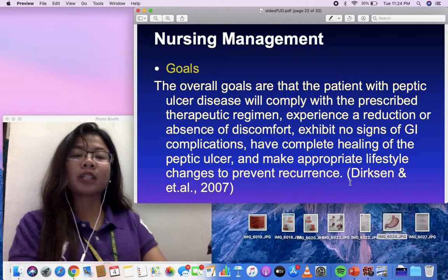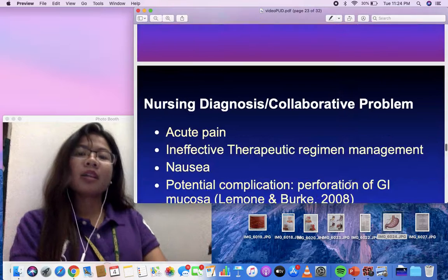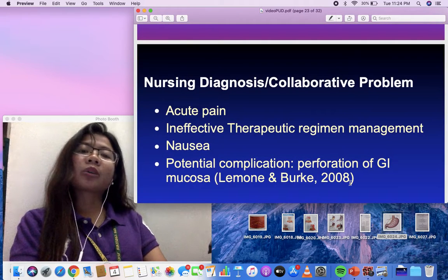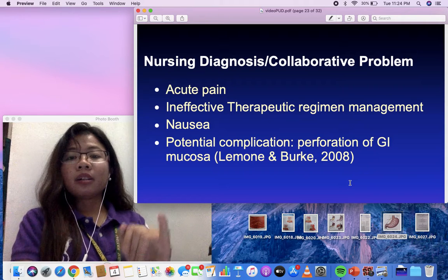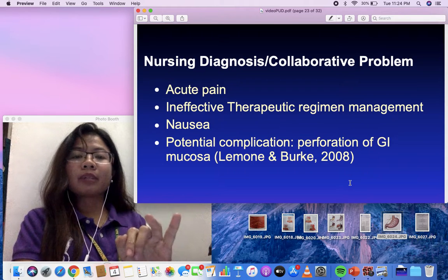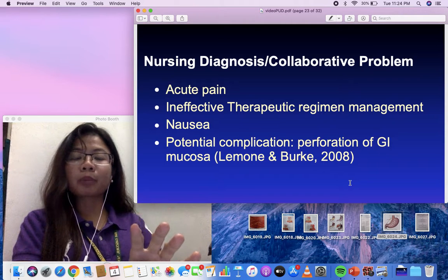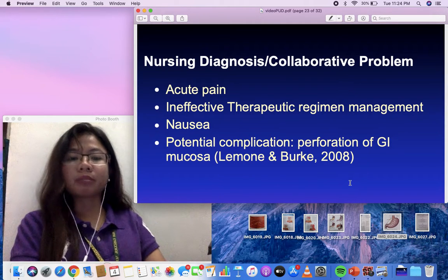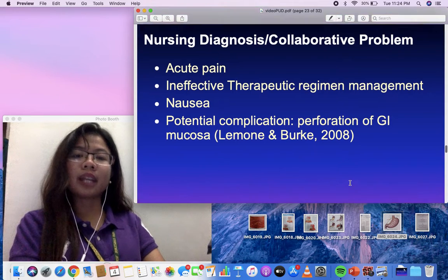It's according to Dirksen et al., 2007. For the nursing diagnosis or collaborative problem, we have acute pain, ineffective therapeutic regimen management, nausea, potential complication, or the perforation of the GI mucosa. It's according to Lemone and Burke, 2008.